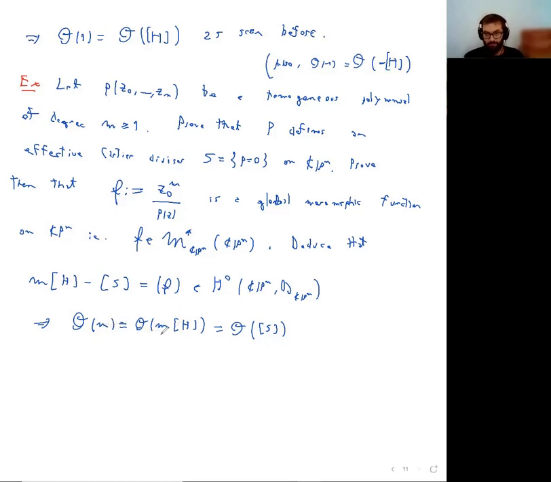So you can think of this as O of H tensor H, which of course is just this. So this is from the fact that everything here is a morphism of Abelian groups, and this one is from the fact that these two differ only by a meromorphic function.